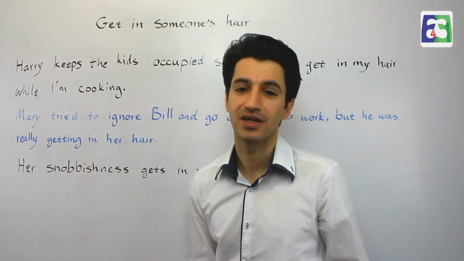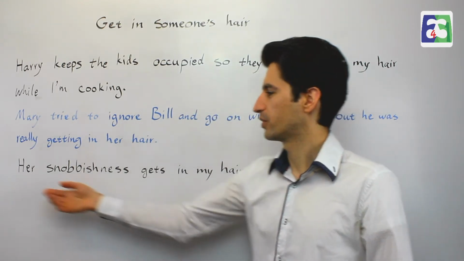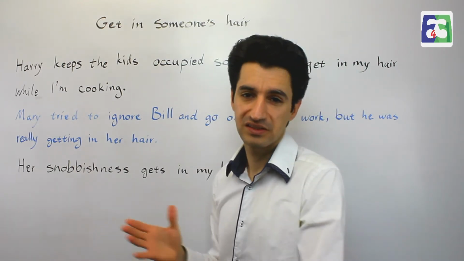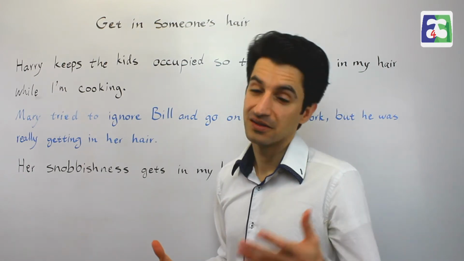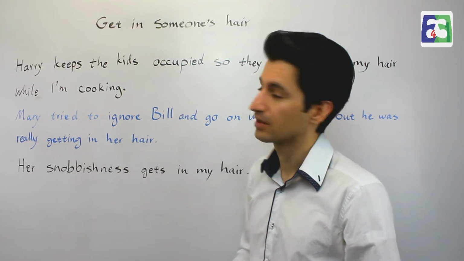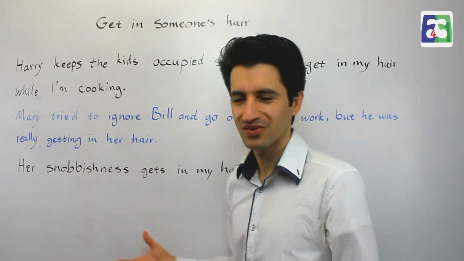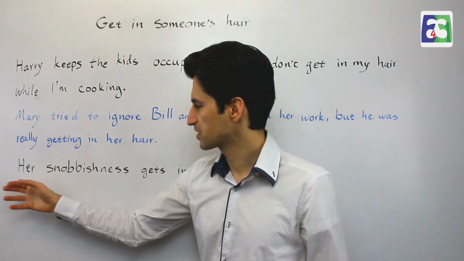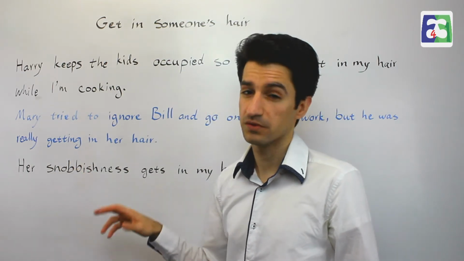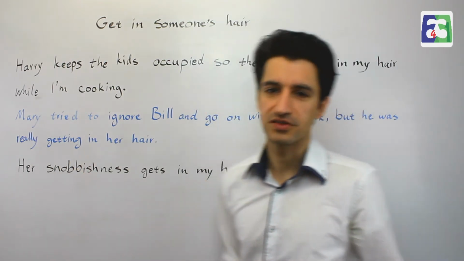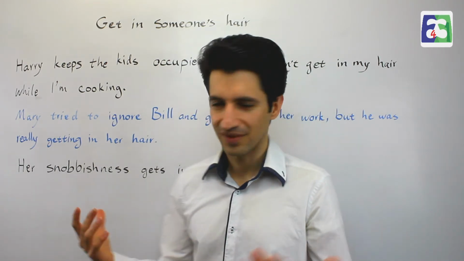Now you can fill the blank: her something gets in my hair, or his something. You can keep this frame and complete it. But you can also use it in a different way. I'm not saying that you have to do this, but this is also possible. We sometimes say something of someone, like snobbishness, behavior, or whatever gets in my hair, and that is enough. You don't need to continue on this for hours.